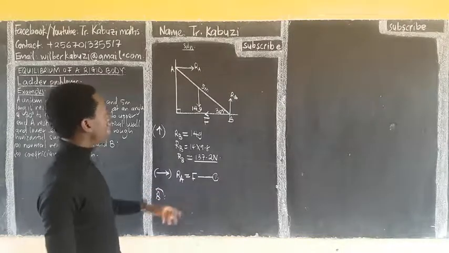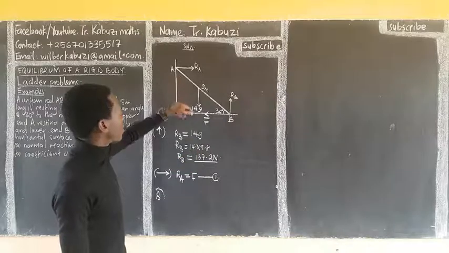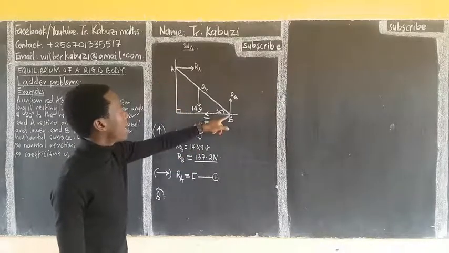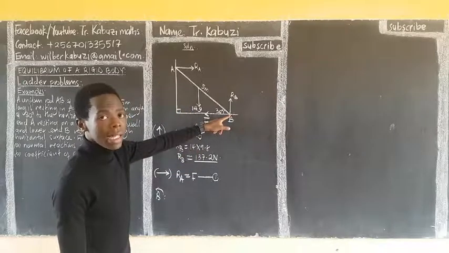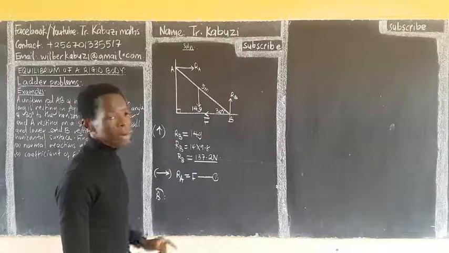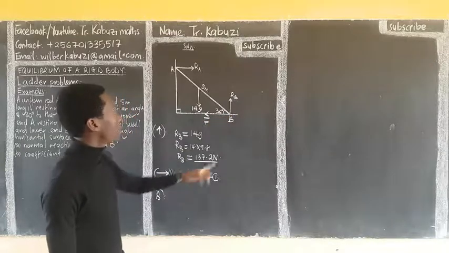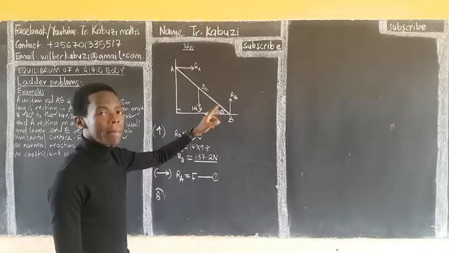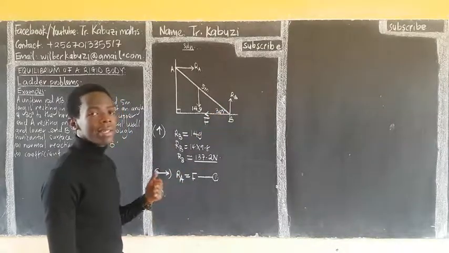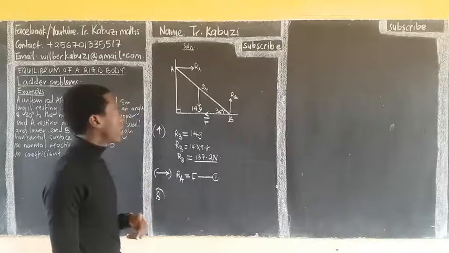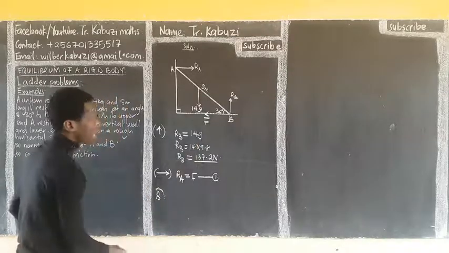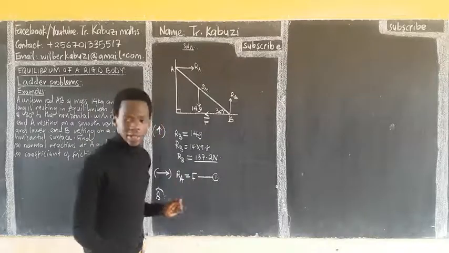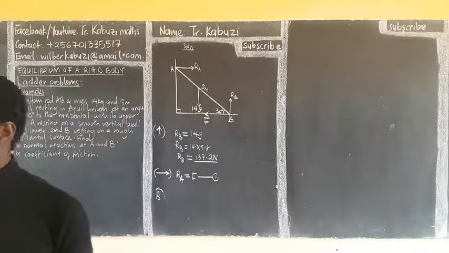You see, first of all, from B here, this force's perpendicular distance is 0, and this one also has perpendicular distance 0. Why? Because when you are here, you don't have any perpendicular distance. Remember, moment is equal to the force times the perpendicular distance. Let me show you how these moments are going to be acting.